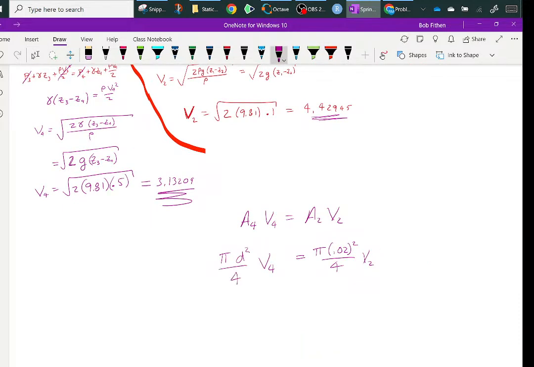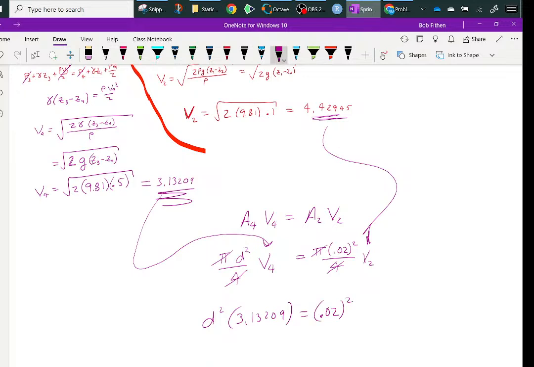So continuity has to be maintained. These can be canceled. The V4 can be put in from here, and the V2 can be put in from here. And so what you get is d squared times V4, 3.13209, and that's got to be equal to 0.02 squared times V2, which is 4.42945.